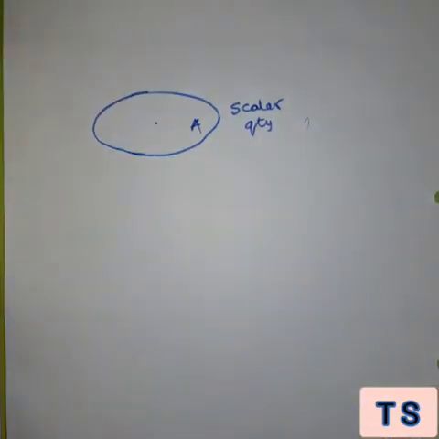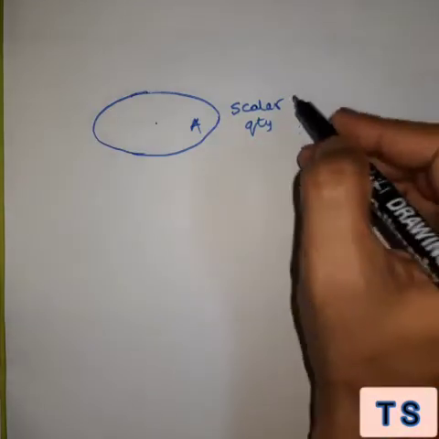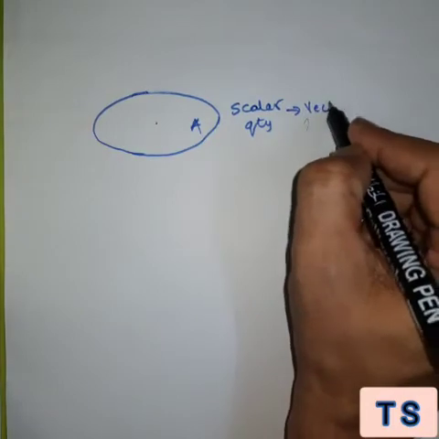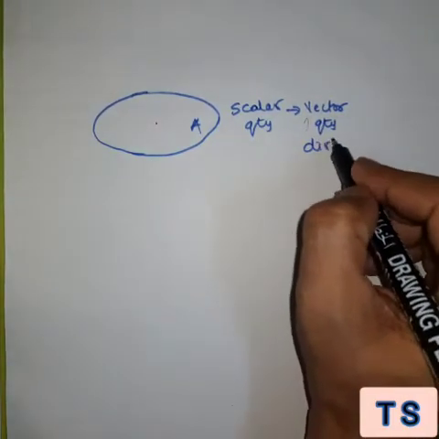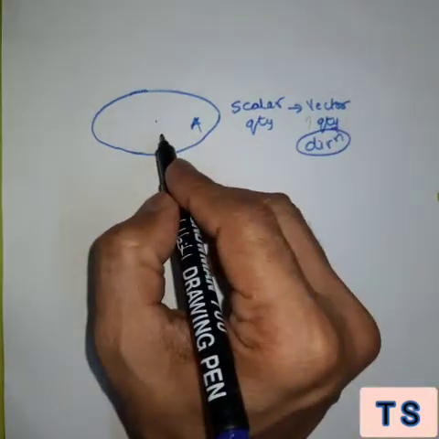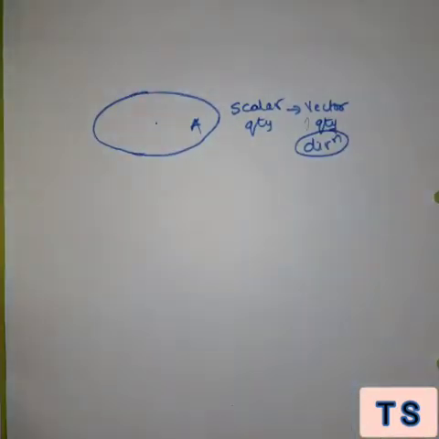But the question is, can we ever convert a scalar quantity into a vector quantity? To do this, I just define the direction for such a body, which is normally taken perpendicular to the plane, the normal to the plane of the paper.